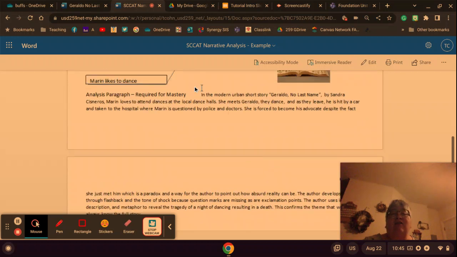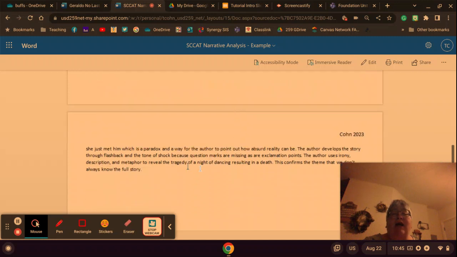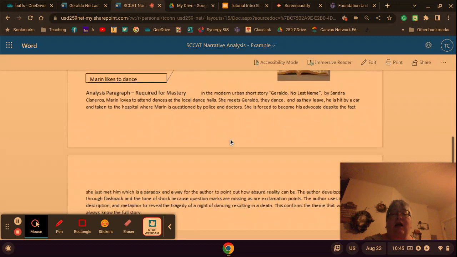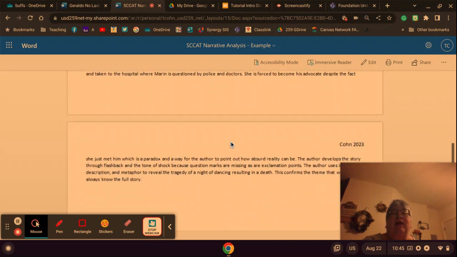Now, notice there is a little bit of summary about what happens, but there's a lot more analysis. So the summary tells me what happened in the story, and then the rest of it is all about how the author develops the story.